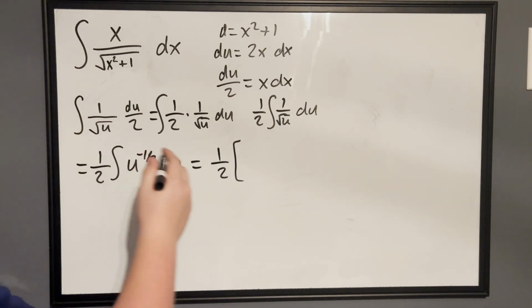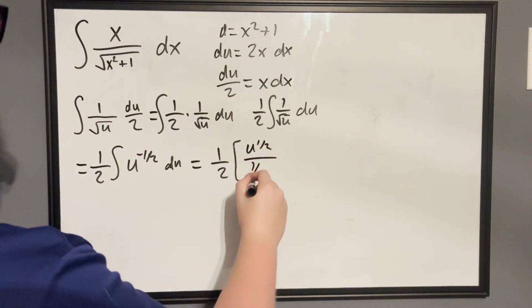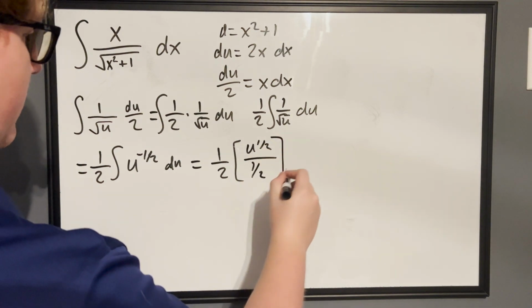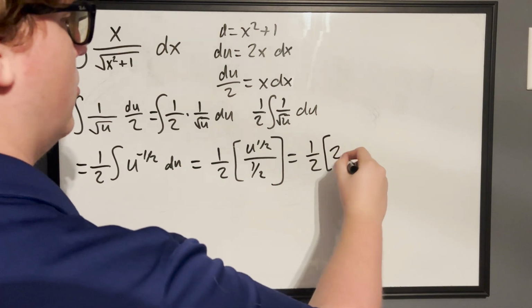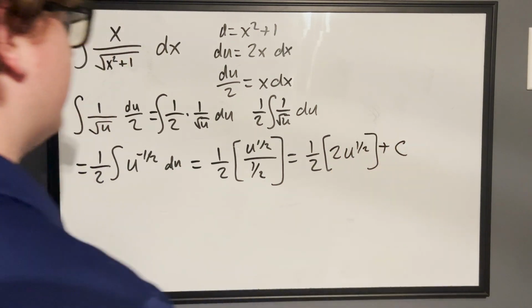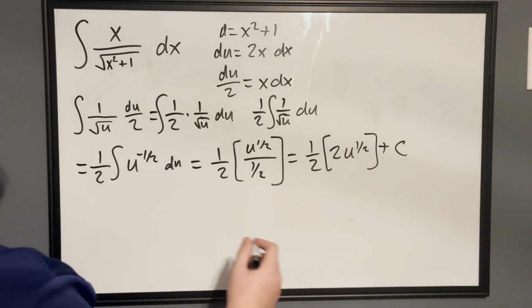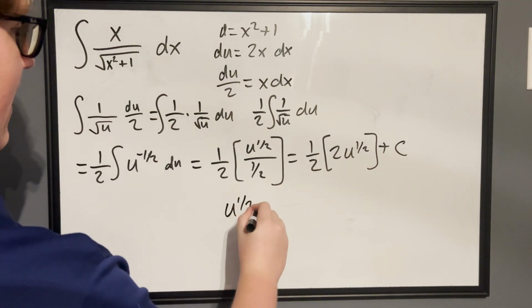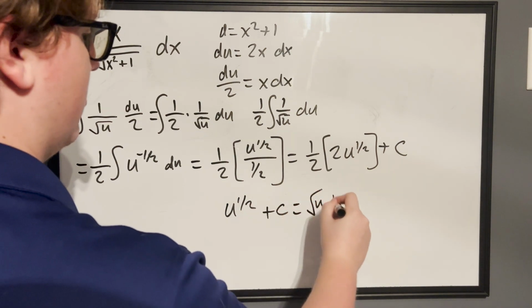So we're going to add 1 here, which gives us u to the 1/2 over 1/2, which is going to be equal to 1/2 times 2 u to the 1/2, and then plus c, because we integrated. So now this 1/2 and this 2 will cancel. We end up with u to the 1/2 plus c, which is equal to the square root of u plus c.